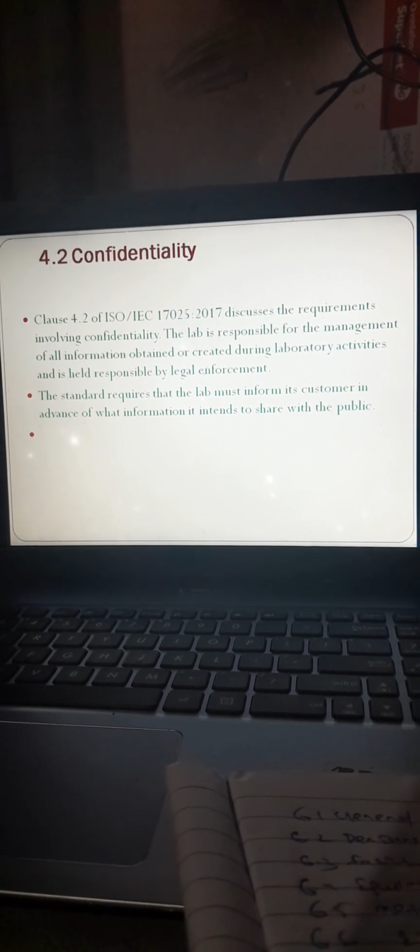So understand the laboratory in the general requirements of clause 4, which includes two subclauses, impartiality and confidentiality. The lab must maintain impartiality and confidentiality, and according to this, the lab must maintain its documents for audit purposes.